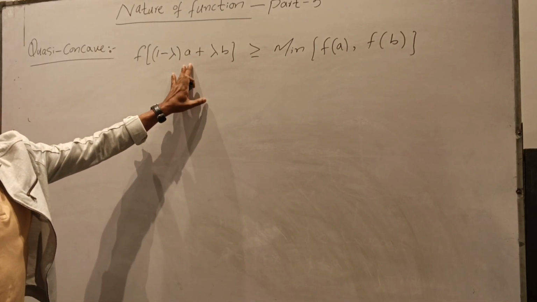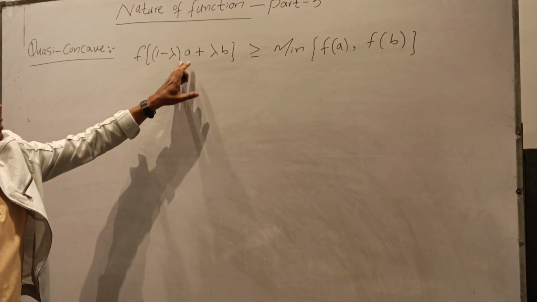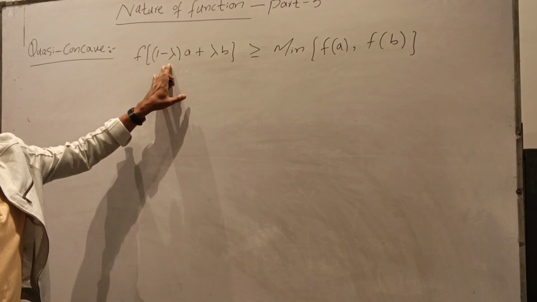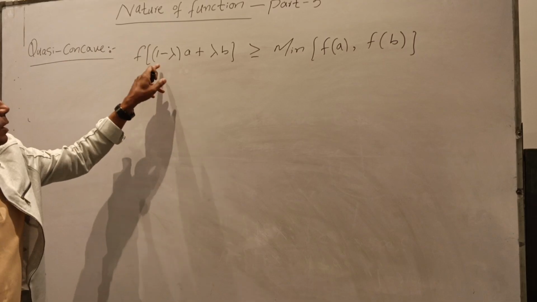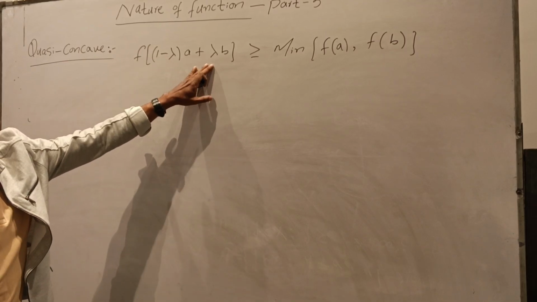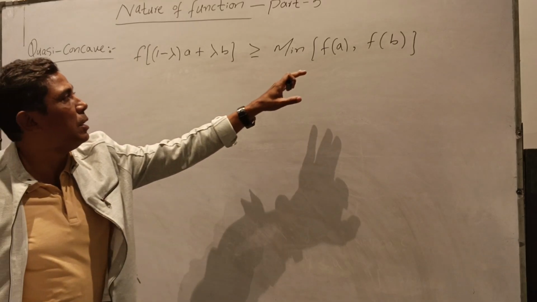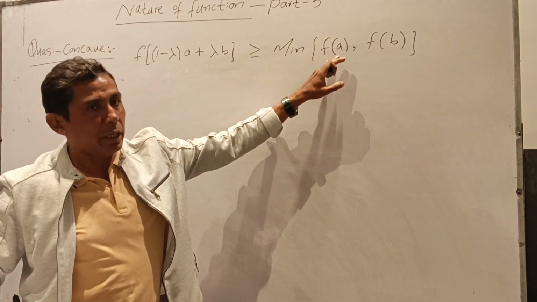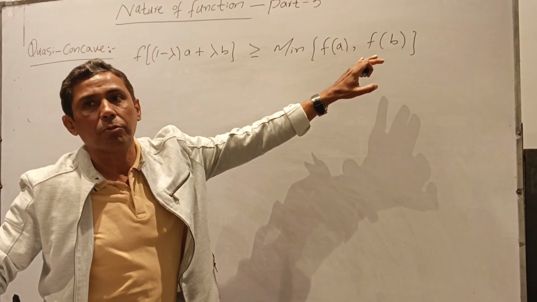Any two values which we have discussed previously, a and b, whatever, the linear combination of a and b, that is, the linear combination with 1 minus lambda and lambda, is greater than or equal to the min of f(a) or f(b).